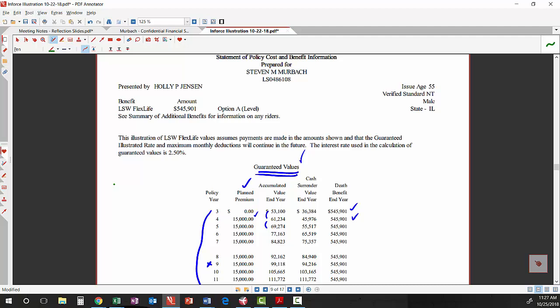But in this situation, I think it would be worthwhile for us to consider replacing this universal life policy with a much more stable and steady whole life policy with PUA rider. Okay, and I'll show you what I mean.